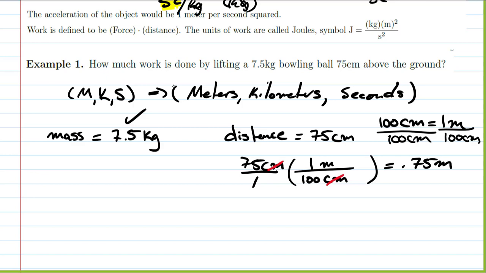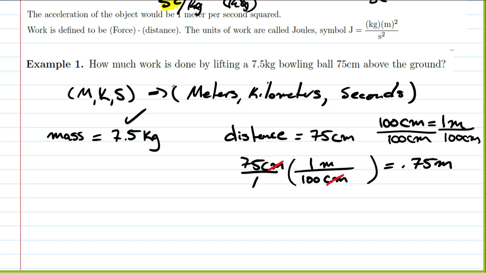There's a bunch of different ways to do that. I prefer the unit fraction method because, especially when you're doing more complex dimensional analysis, it's a lot easier to set them up this way. So now we have our mass and we have our distance.